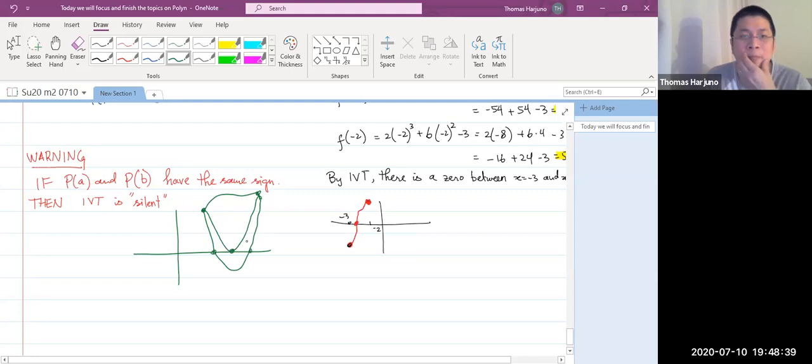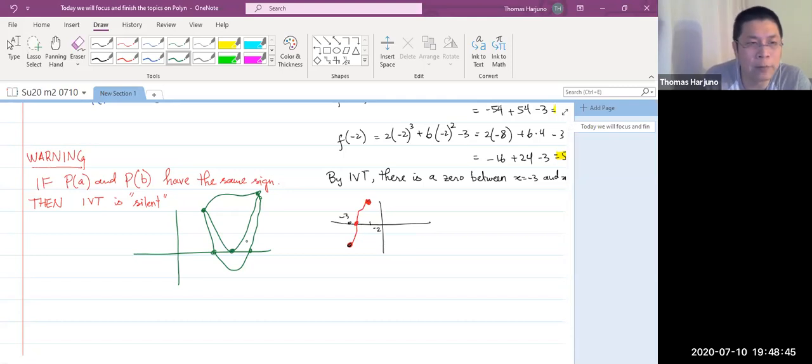So nothing can be said if they have the same sign. If both are positive or both are negative, it may still have zeros in between, or it may not. Only if they have opposite sign do we have that guarantee.